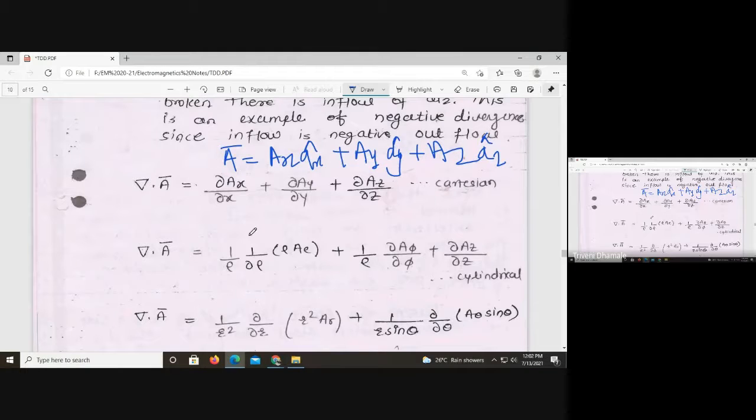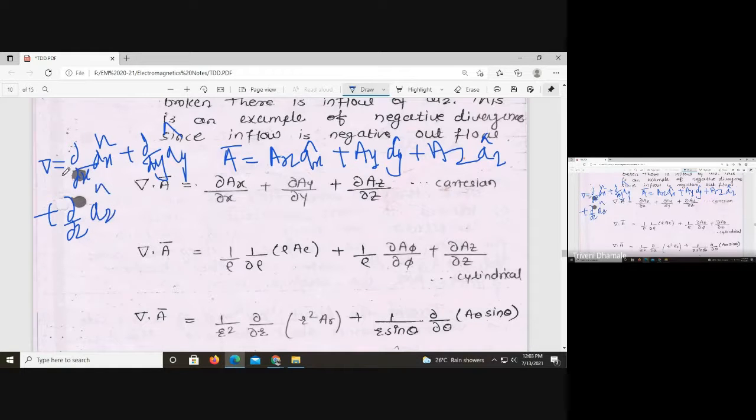This is the vector A bar. What is del? Del is dabba by dabba x, Ax cap plus dabba by dabba y, Ay cap and plus dabba by dabba z, Az cap. This is the del.